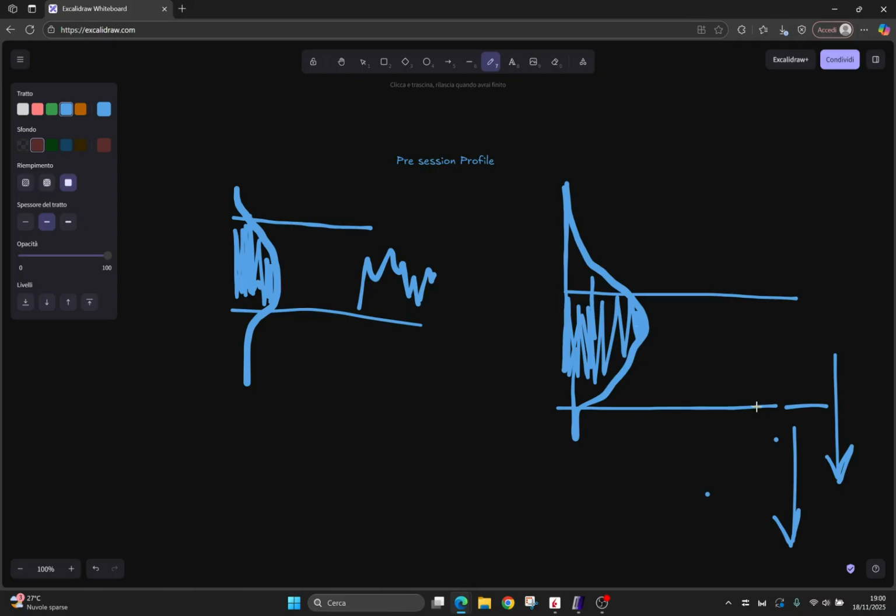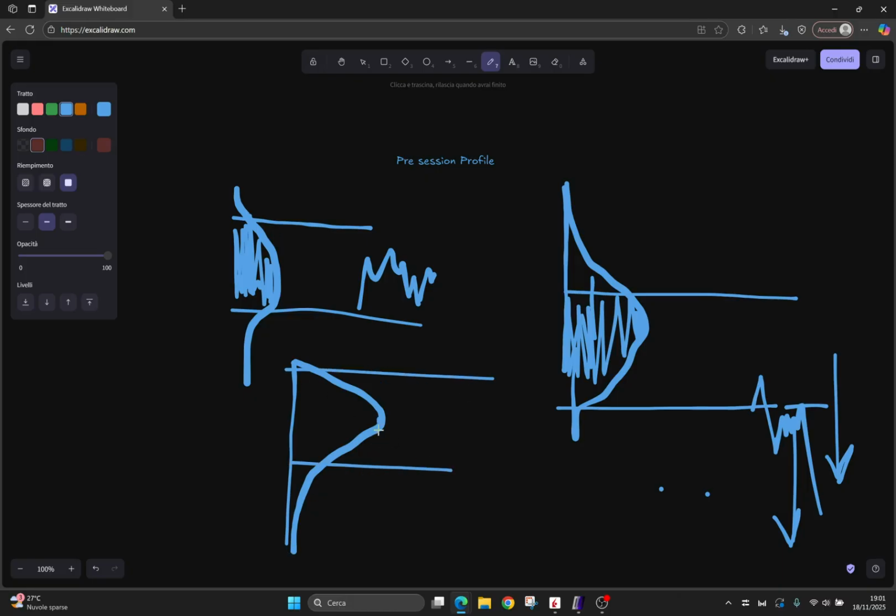If you have a profile like this and you start to see big trades here, you can expect a really amazing squeeze, okay? The third one is the opposite of this. All the volume on the top, empty on the bottom, so the players build an amazing accumulation, and the probability is higher that we will break out.